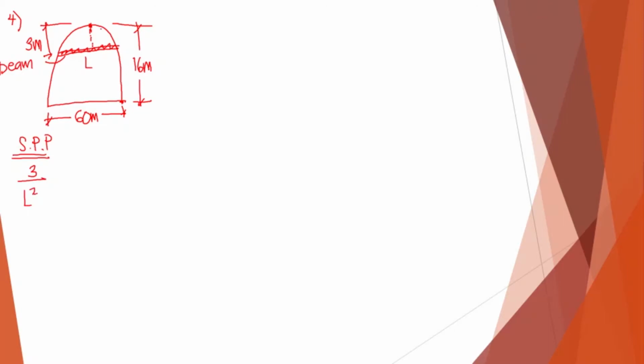That is for the small parabola here. Then that is equal to, from the top to bottom, this 16 with the base 60, so that is 60 squared. Therefore the length of the beam is equal to 25.98 meters. As simple as that.